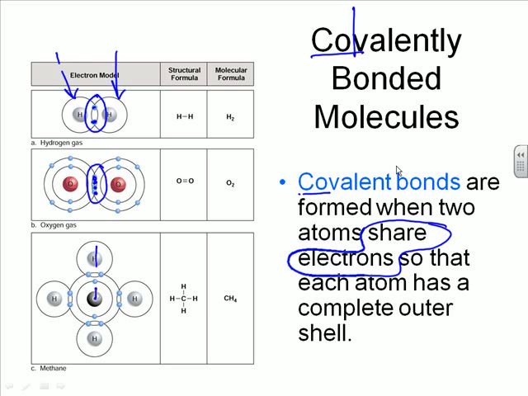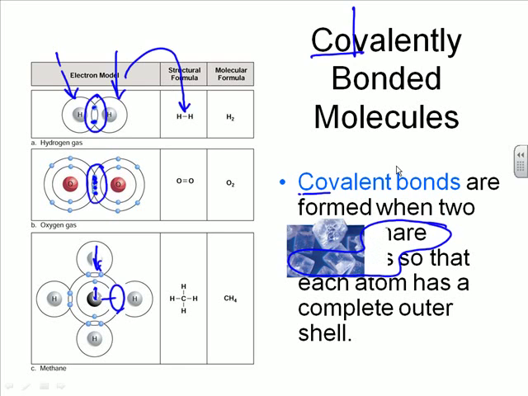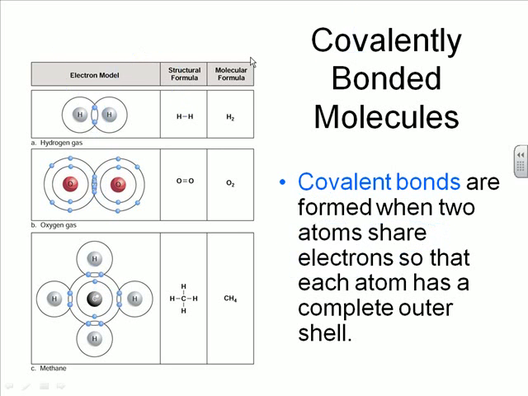Carbon is sharing a pair with hydrogen. The number of pairs we share is represented in the line we draw. This is referred to as a single bond because it is one line. We are sharing one pair that we can see there.